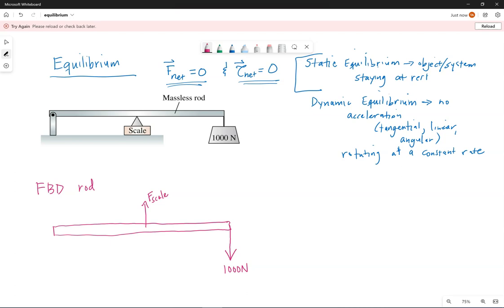The pin down here is exerting a force as well. Now, if we're not sure about which direction the forces are in, if it has X and Y components or not, we can choose those X and Y components however we want. And the math, as long as we're accounting for them correctly, the math will work out and tell us if we were right or wrong. So for example, let's say I wasn't sure.